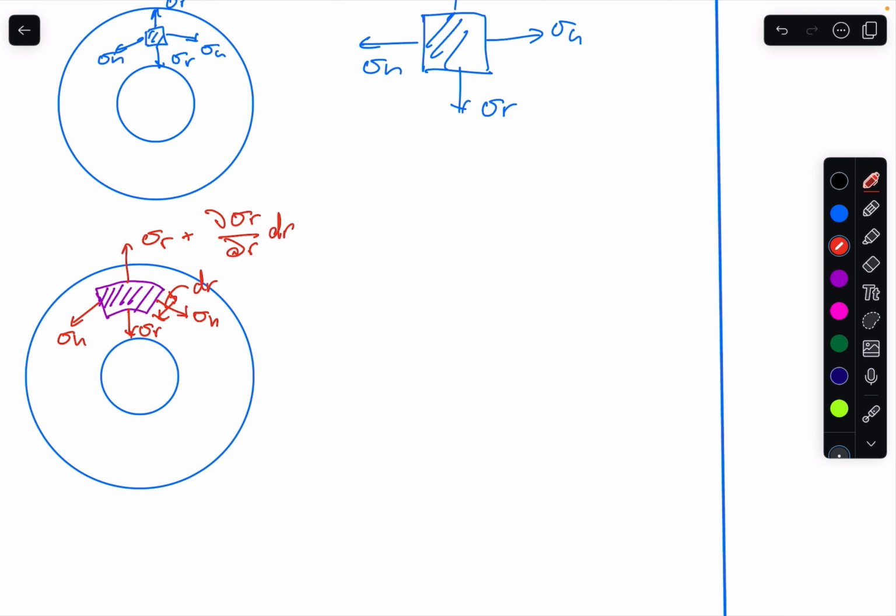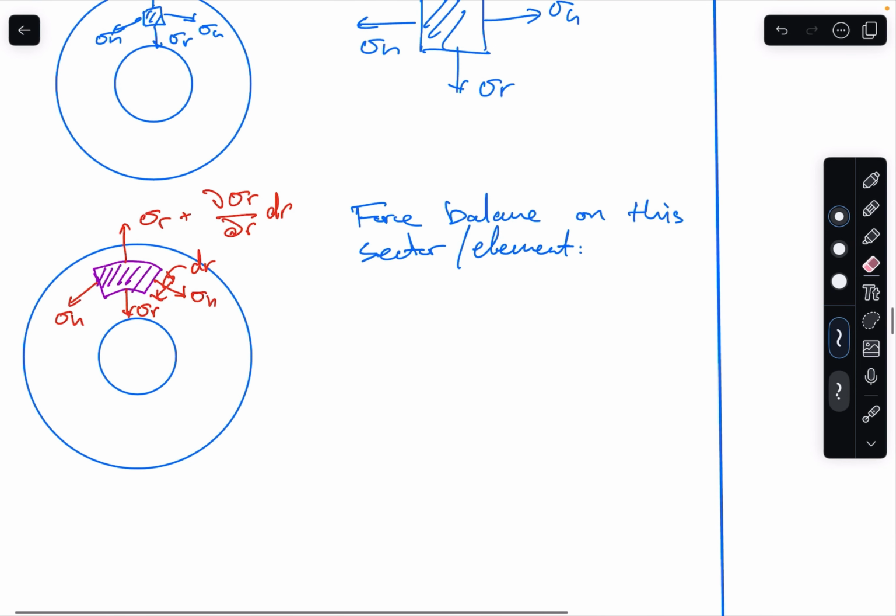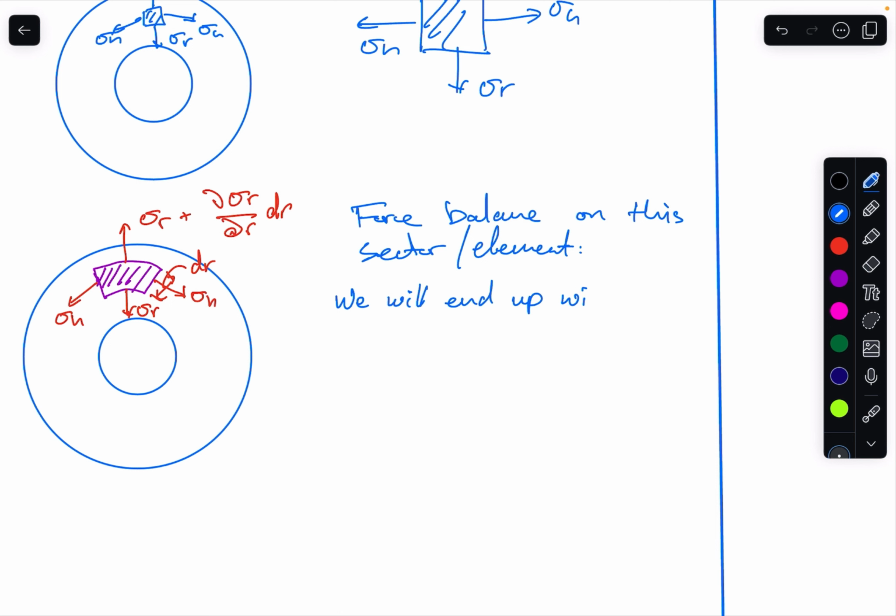Now if you were to take a force balance on this sector, or element, I should say, and resolve the forces, which we're not going to do, we would end up with what we call Lame's equations.